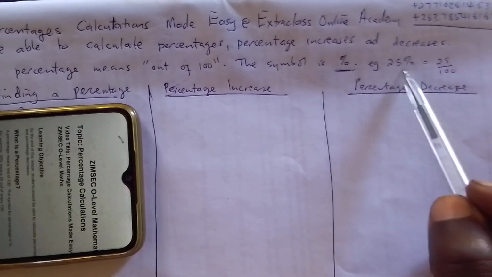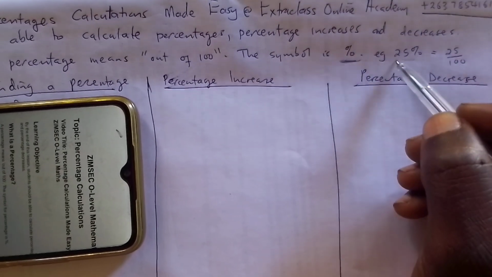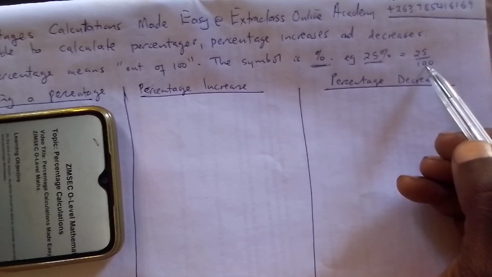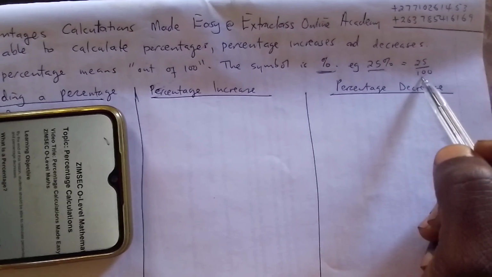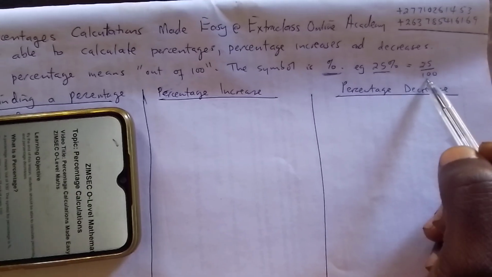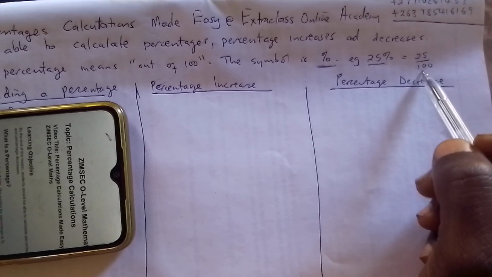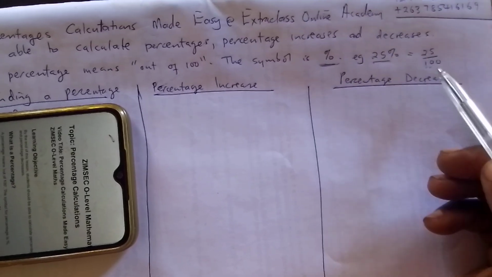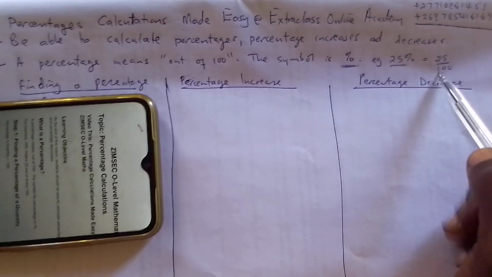For example, 25%. So what this means is 25 out of 100. Just think like your marks in the previous exam or exercise. They were expressed out of something. But in this case, we are expressing them out of 100.